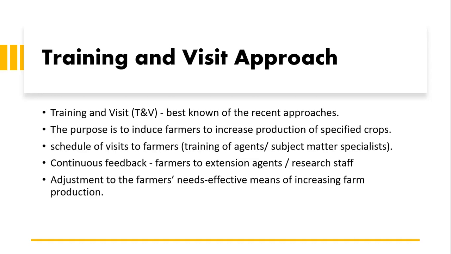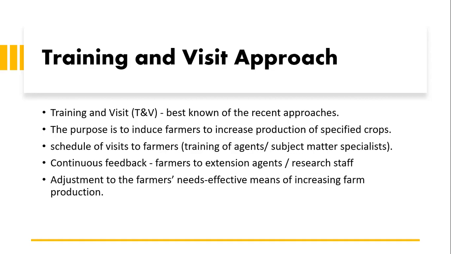All these practices we can actually summarize in a different way. This is also one way: it is a kind of training and visit approach that all the agents currently practice, right? Training and visit approach. It is a kind of non-participatory approach, but the problem is that the cost-effectiveness of the training and visit approach is now gradually decreasing.